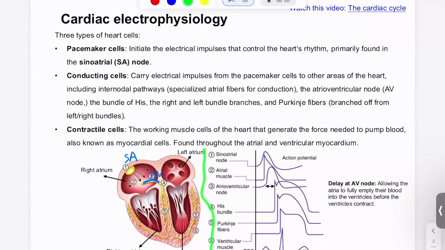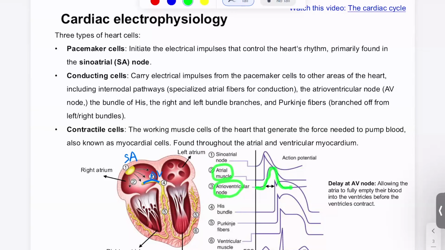Then we can look at this process in another way in the plot on the right. You will see everything starts at the SA node. Action potential is generated at the SA node. Then it travels through atrial muscle, then arrives at the AV node.